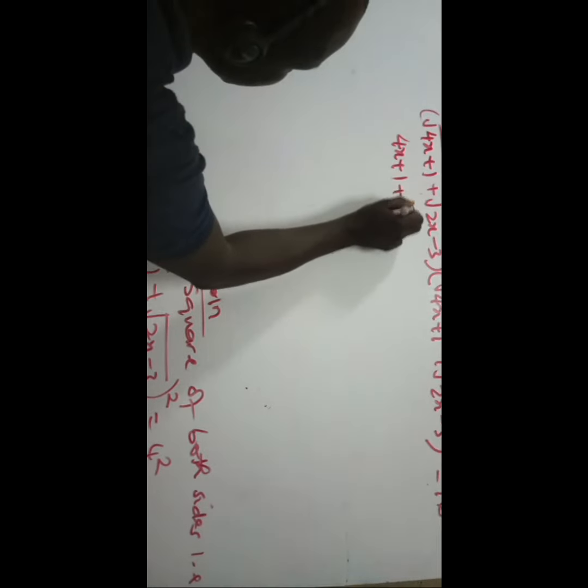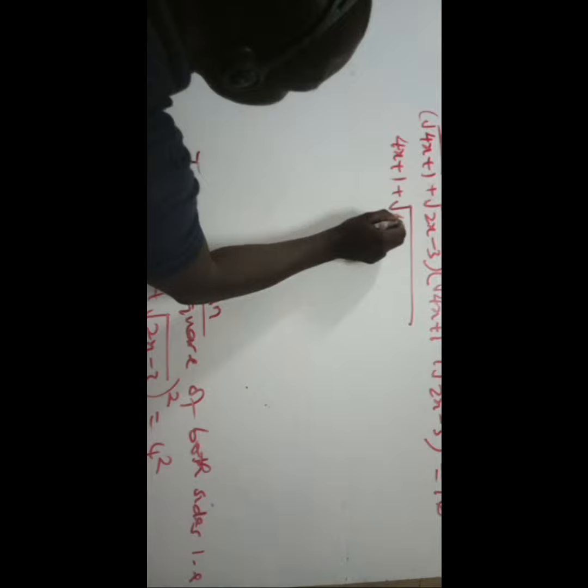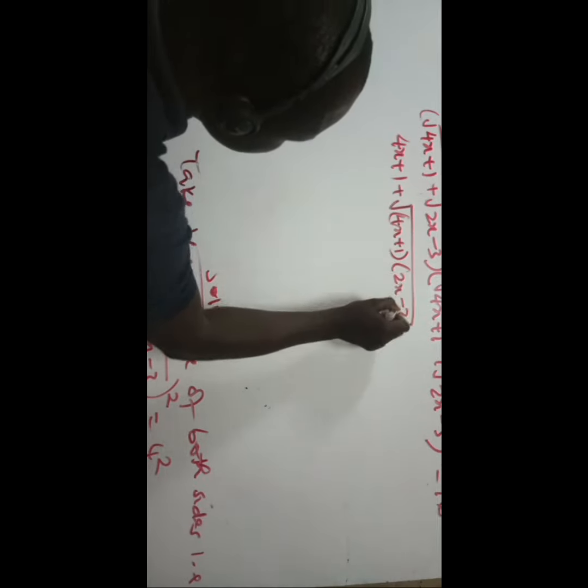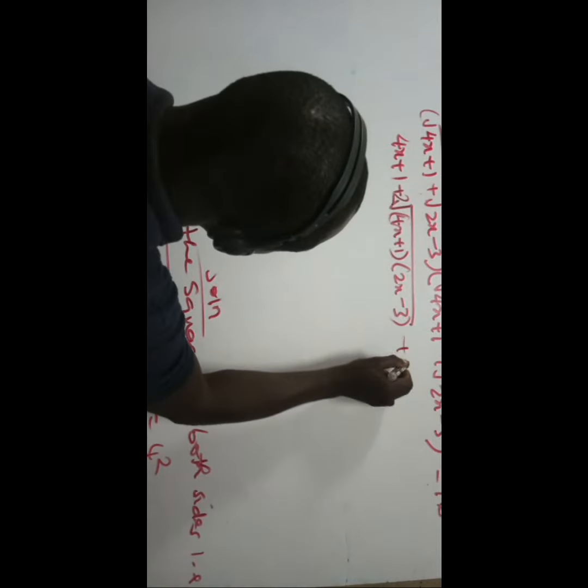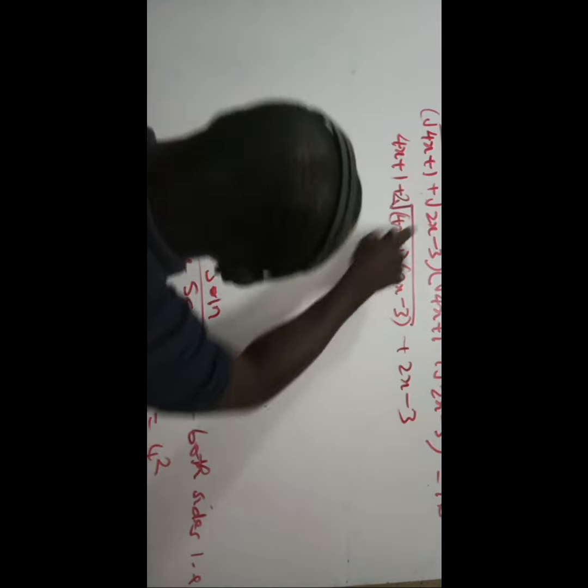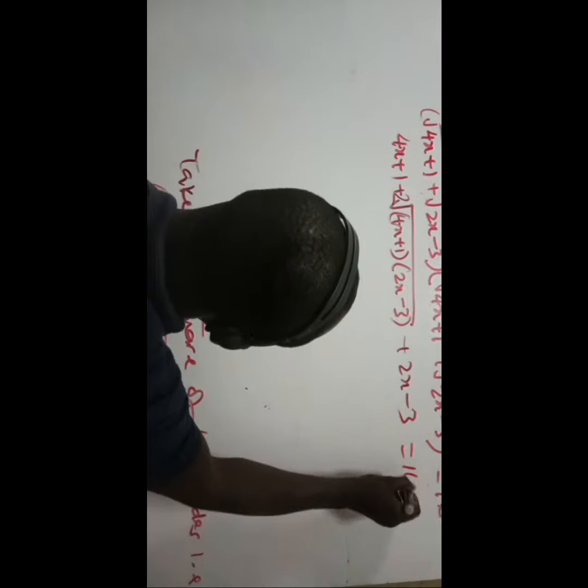Then this times the second one, I'm going to have plus, in bracket, square root of 4x plus 1 multiplied by 2x minus 3. If I use this to multiply this again, I'll get the same thing, so that can attract 2 here. Then lastly, I will have plus 2x minus 3 when this multiplies this, to be equal to 16.